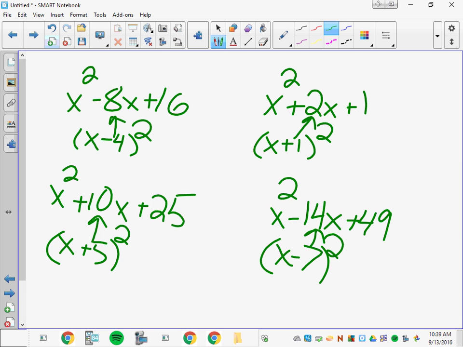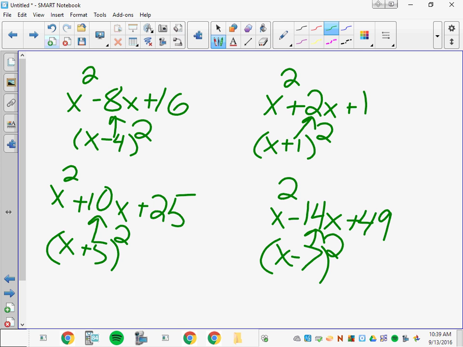Why is that? Well, when you do that distribution, when you multiply using the box, 5x happens twice. So you add a 5x and a 5x and you get 10x. Negative 4x happens twice, and you just add those together. So the middle term will always be double the factor. What else do you notice about those perfect square trinomials?